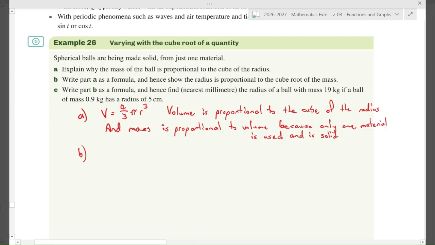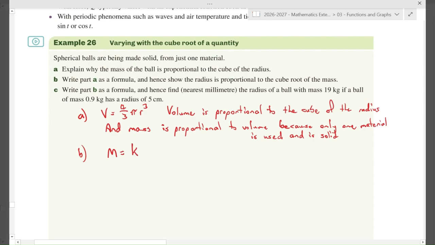So now what we have to do is write part A as a formula and hence show that the radius is proportional to the cube root of the mass. That sounds complicated until you think, well, volume is something times r cubed, and mass is also proportional to the cube of the radius. And what's our constant of proportionality normally written as?